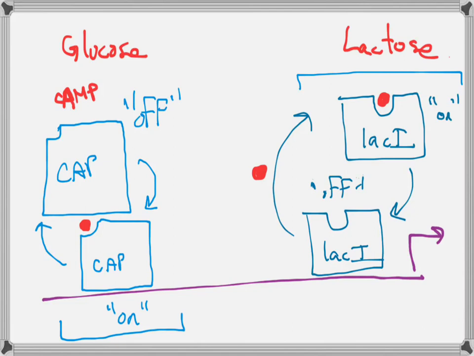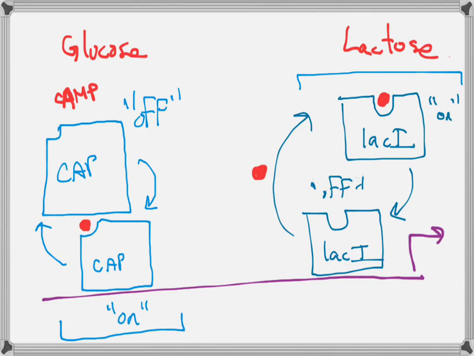Try that again. That would represent a state in which both of them are off. When there is no glucose, cyclic AMP is produced. That allows CAP to bind. And when lactose is what? When there is lactose. Yeah, exactly. So when lactose is there, that removes LAC-I. When there's no glucose, that allows CAP to bind.